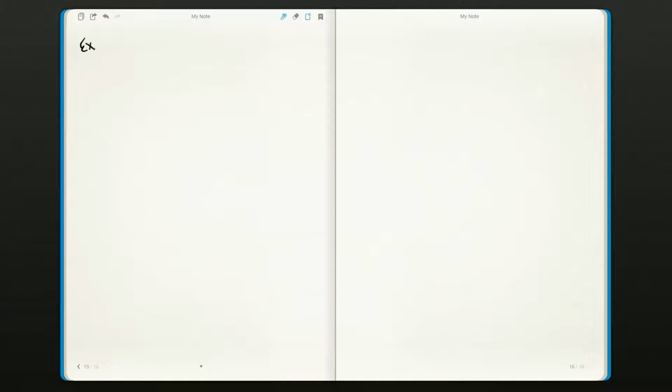Okay, example. How many kilometers are in 1706.3 meters?